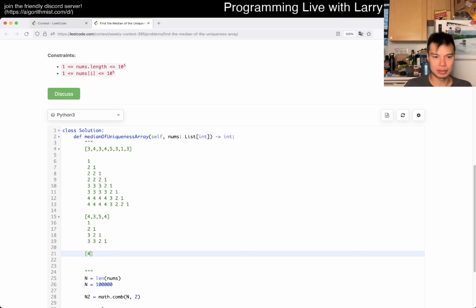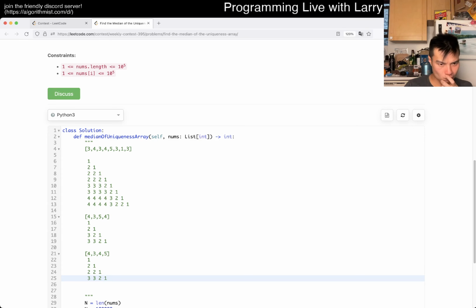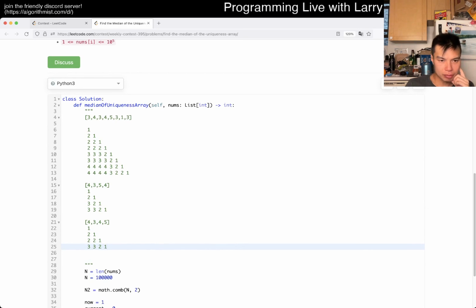And let's say for no, but is that right? So the positions do matter.